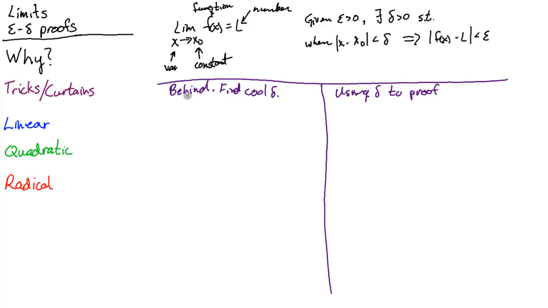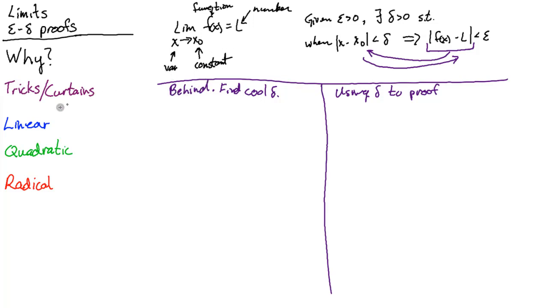And this is going to be completely backwards of using that delta to then make this proof come out exactly right. So that's one thing. Find the cool delta. And what's going to be amazing is that in all of our examples, this statement is going to be manipulatable into something like that, which is going to tell us exactly what delta we want to use. Which is weird because then when we write the proof, we're going to go the other direction. So that behind the scenes, that's the first trick that's going to happen.